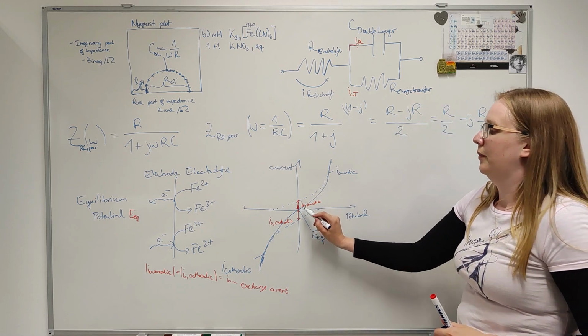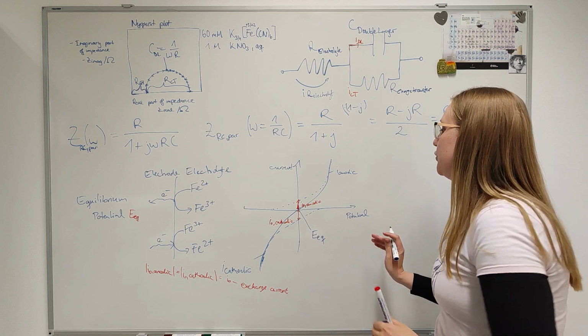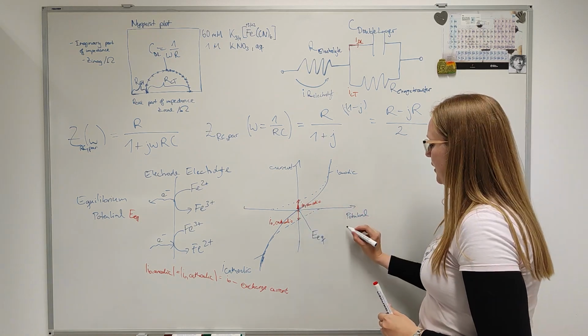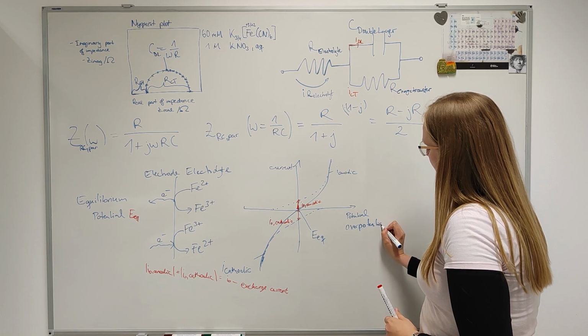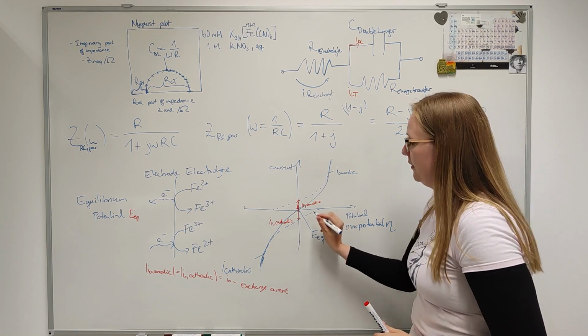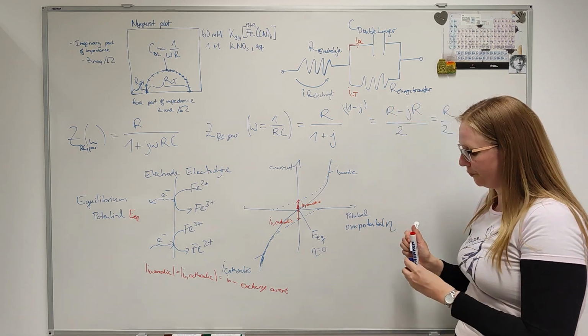And again, my net current being 0 at the equilibrium potential. Actually, these higher or lower potentials I can also refer to as overpotential. And then here at the equilibrium, that would mean my overpotential is 0.